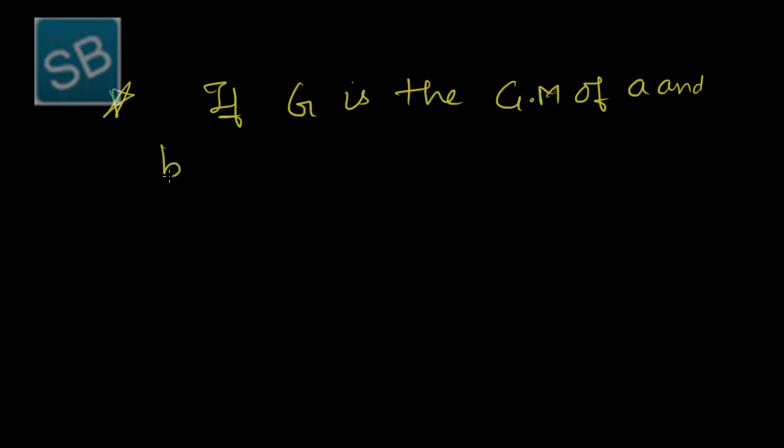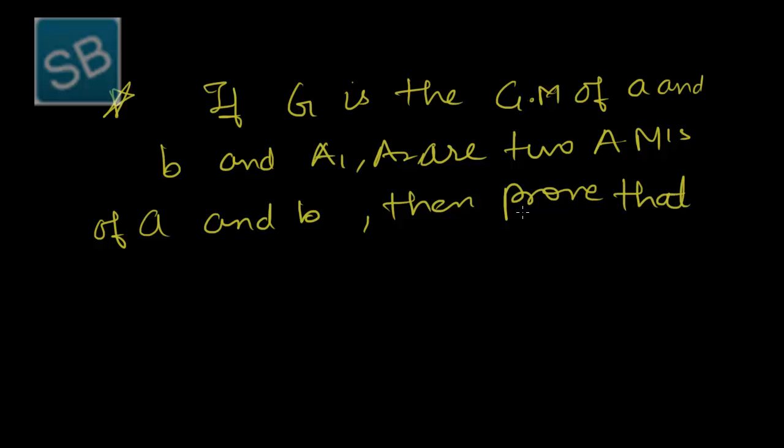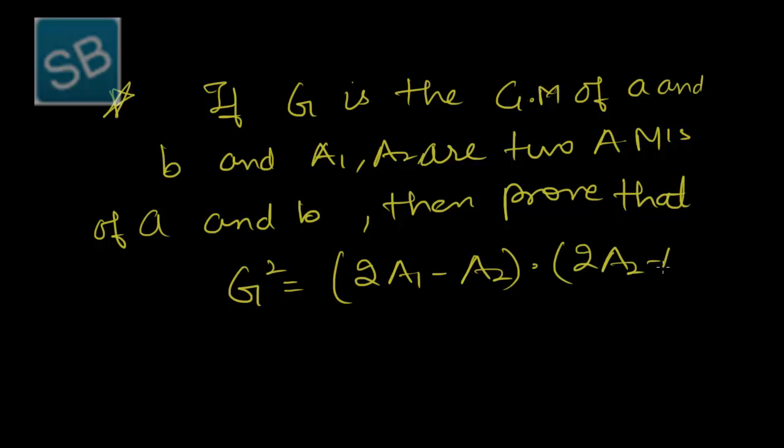Now the problem is: if G is the geometric mean of A and B, and A1, A2 are two arithmetic means between A and B, then prove that G square is equal to 2 times A1 minus A2 into 2 times A2 minus A1.